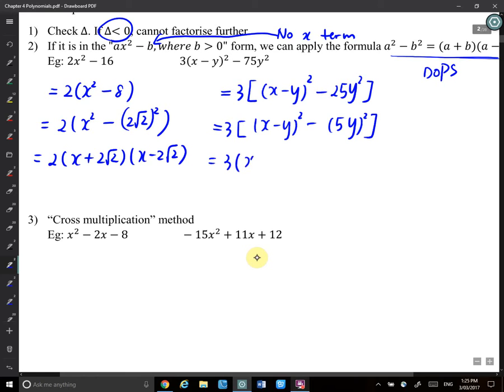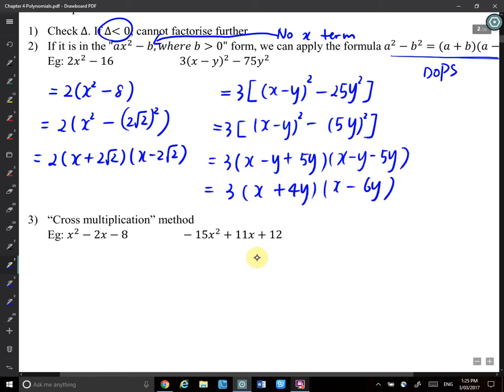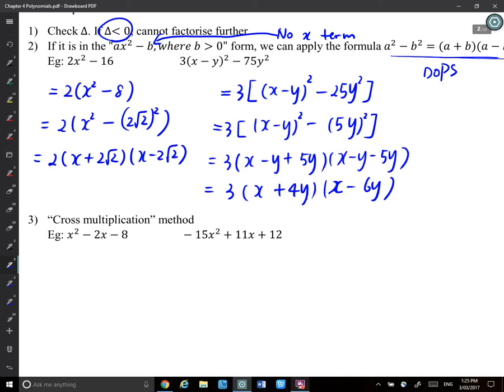That gives you 3 times (x minus y plus 5y) and (x minus y minus 5y). Okay, 3 times (x plus 4y) and (x minus 6y). That's for the quadratic: you have something squared minus something squared, so we directly use the difference of squares method.